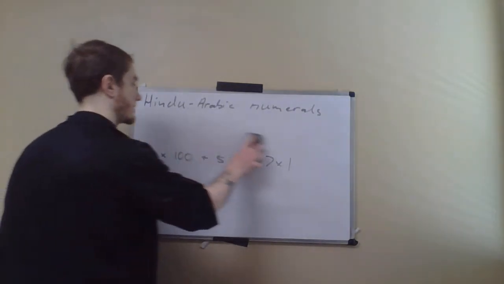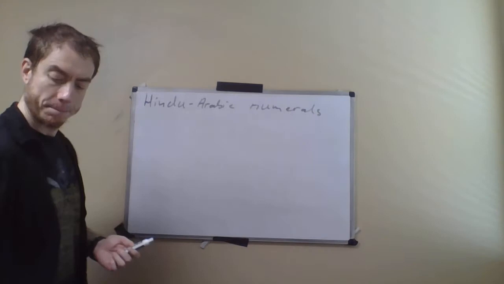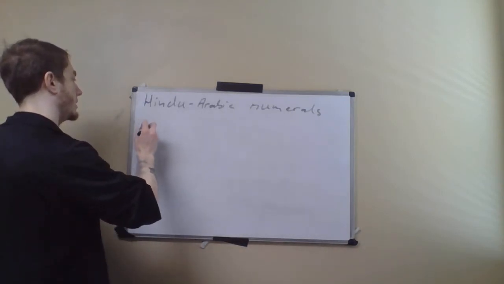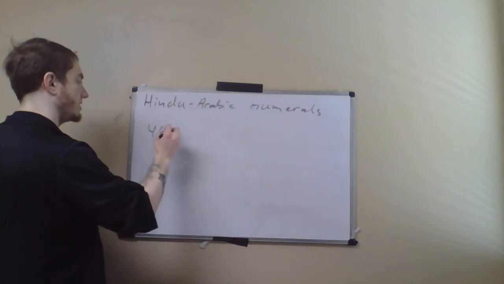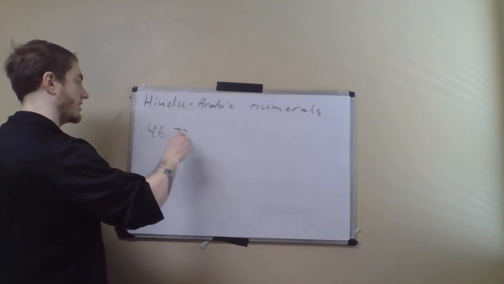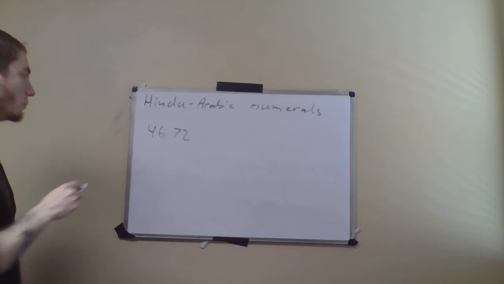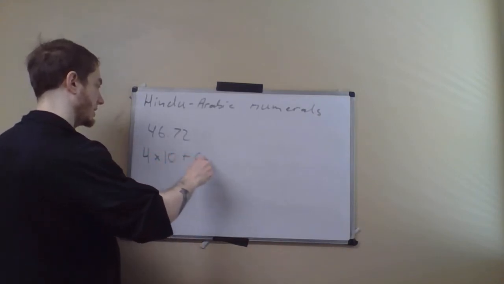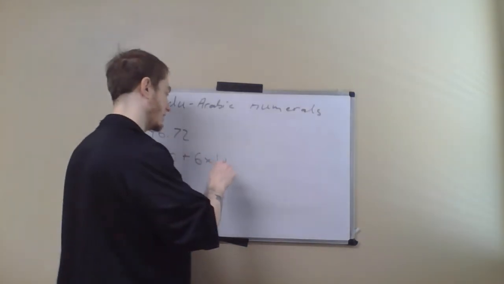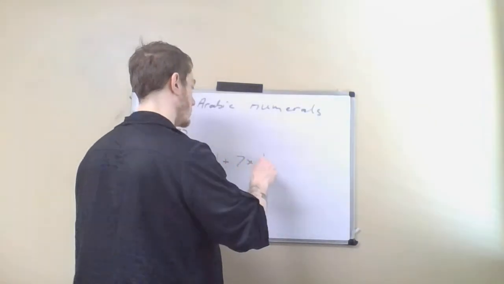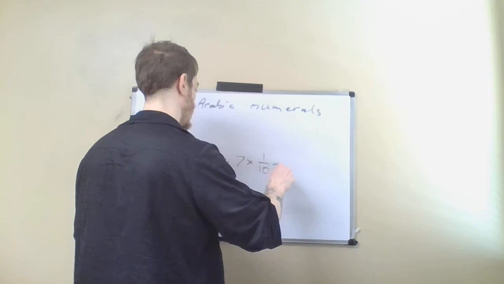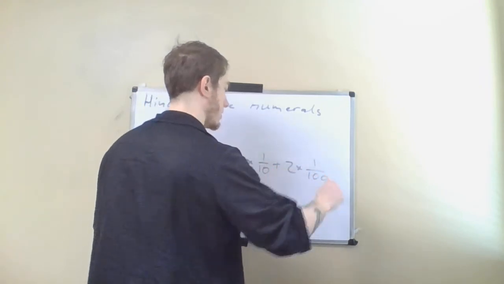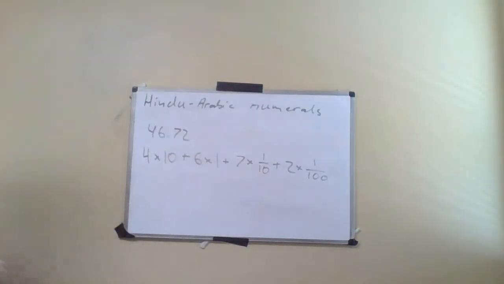So, for instance, if I have something like 46.72, well, this would mean that I have 4 tens, 6 ones, 7 1/10ths, and 2 100ths.